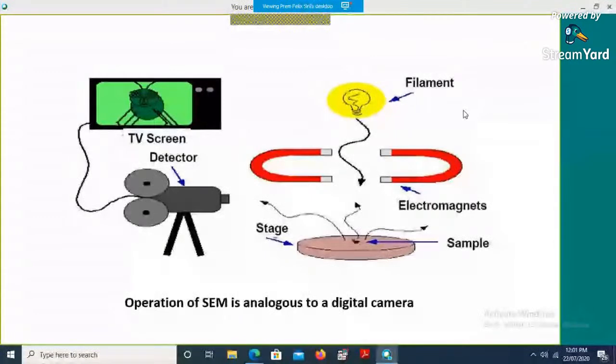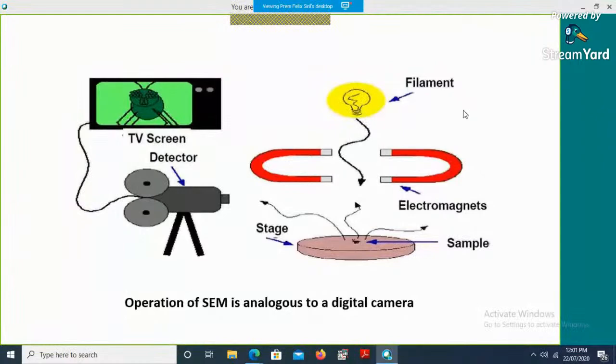It is the same way in a scanning electron microscope. You have a sample, and the electron beam produced from the electron filament passes through various lenses. These lenses focus your electron beam on your sample.